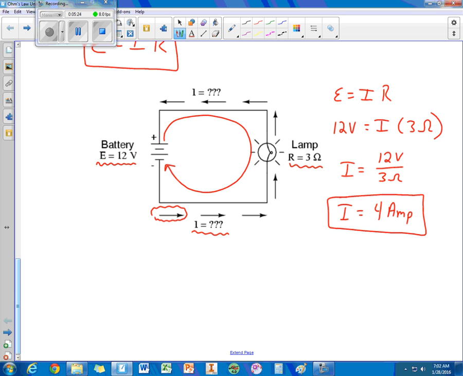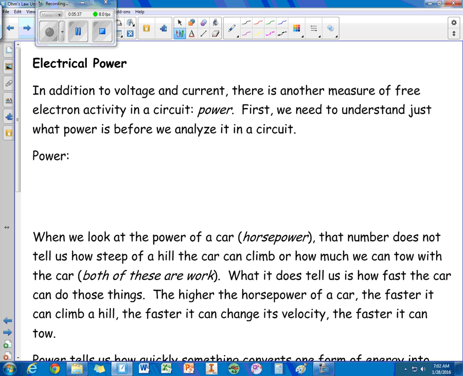Pretty simple. Expect me to ask you questions about calculating currents, calculating voltages, or calculating resistances. And basically, I have to give you 2 out of the 3, and using Ohm's law, you can find the last one. All right, moving on.